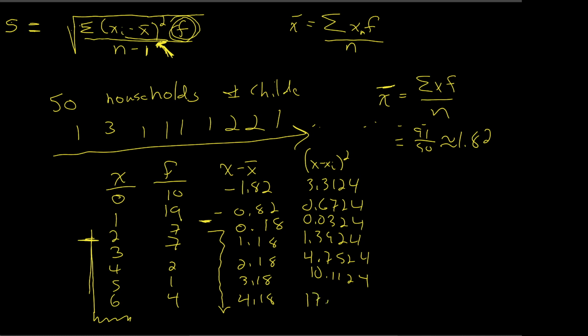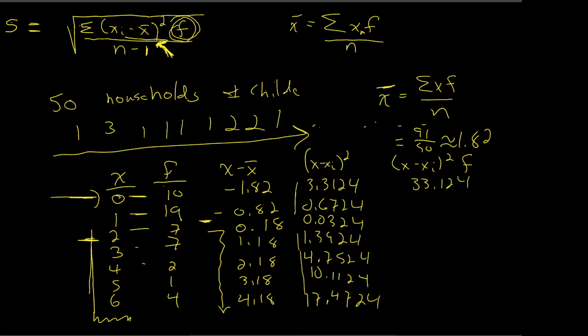And 17.4724. But I can't use this to find my standard deviation because I have multiple values for each one of these. So I need to do the deviation squared times the frequencies. And so I had 10 of these, so 33.124. And so I'm going to multiply this times this. And I'll do this for each one here.